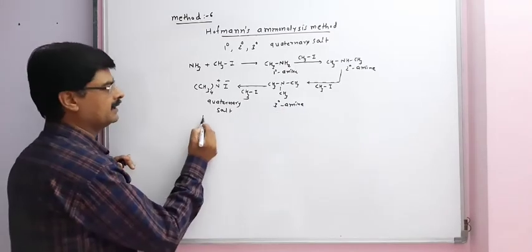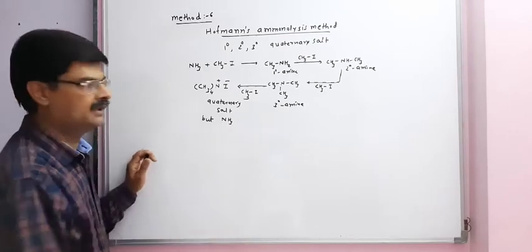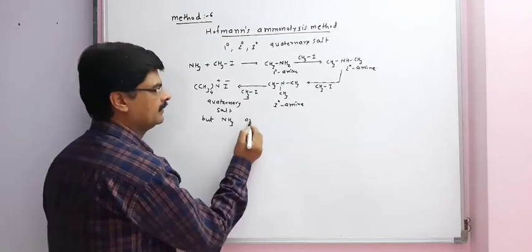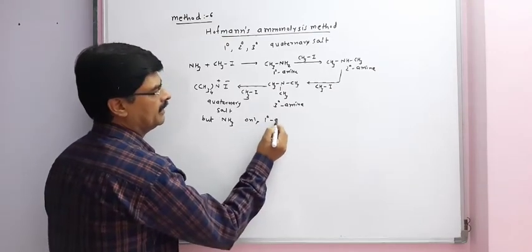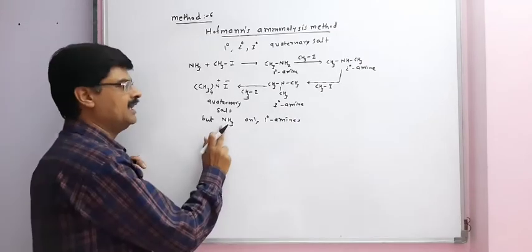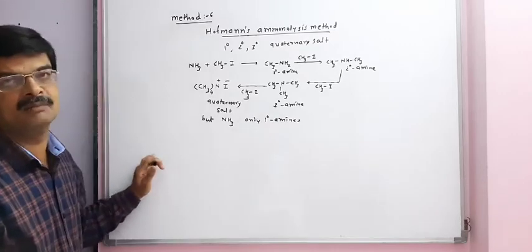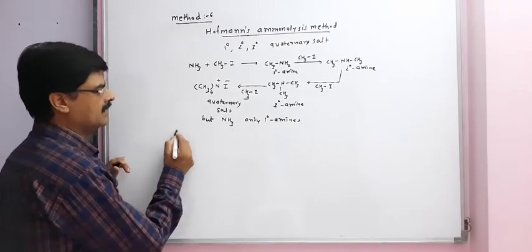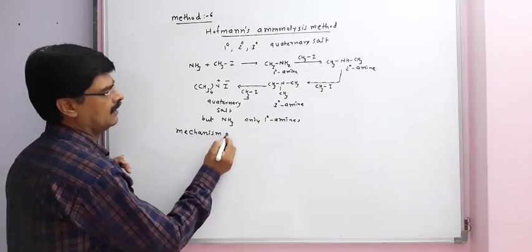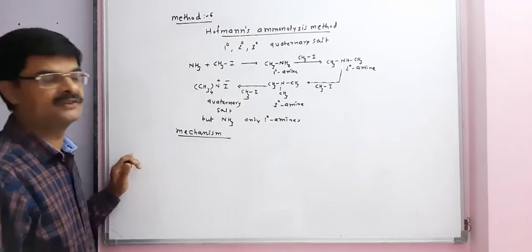But if we take ammonia in large proportion in the beginning, then only primary amines can be prepared. Now we will study the mechanism of Hofmann's ammonolysis method.